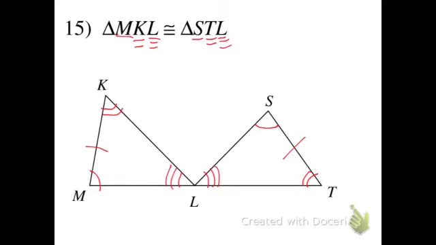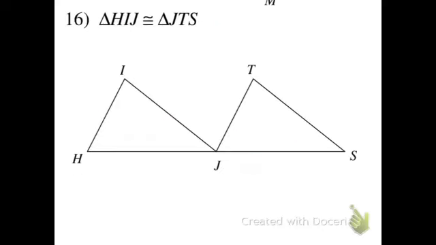So I'm going to put the triple mark between them. And between the 2 and 3 angles, I'm going to put my double tick mark. And that brings us to our last side, which means it's going to have the triple mark.